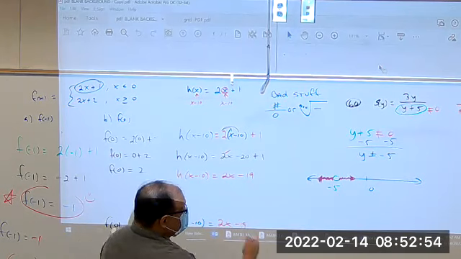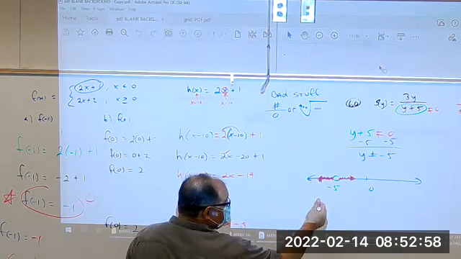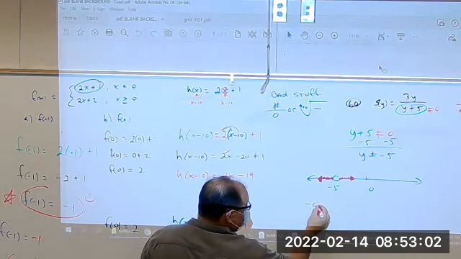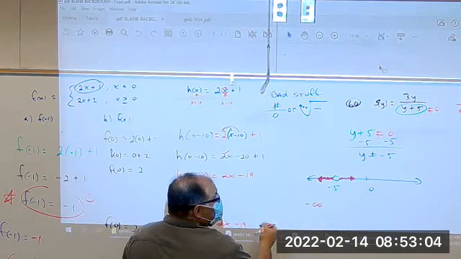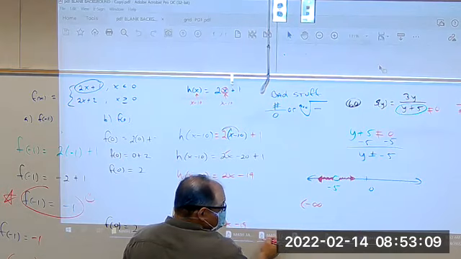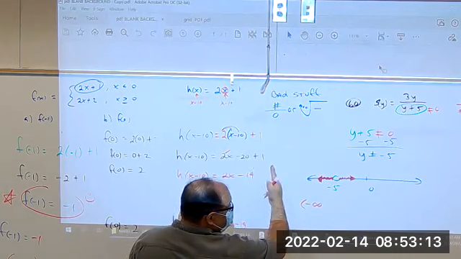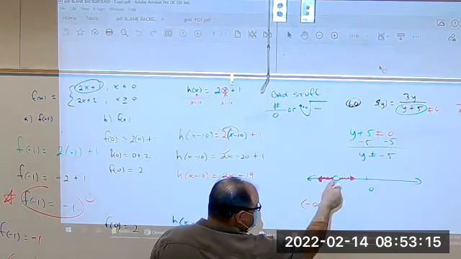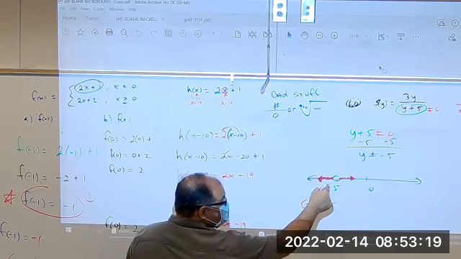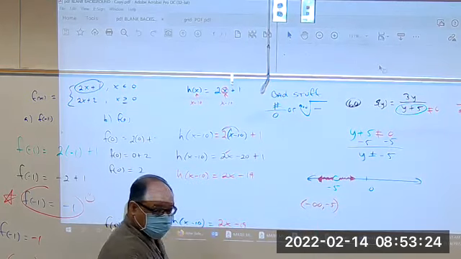So from left to right, the interval of domain starts forever to the left at negative infinity. Remember, infinities are always parentheses. The numbers you can use go from negative infinity and stop at negative 5, because you can't use it. That's an open circle, so it's a parenthesis.